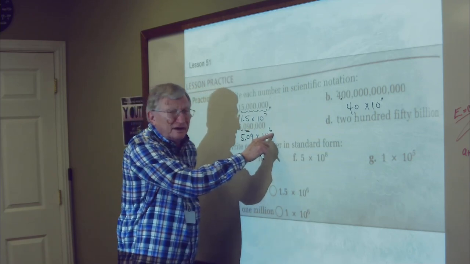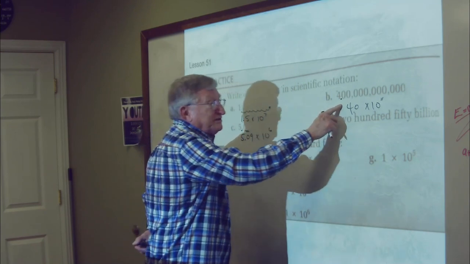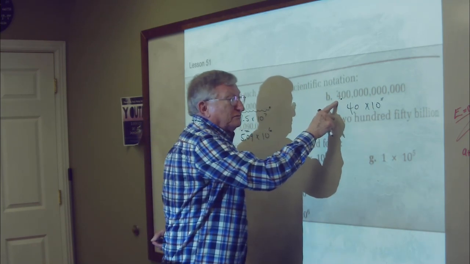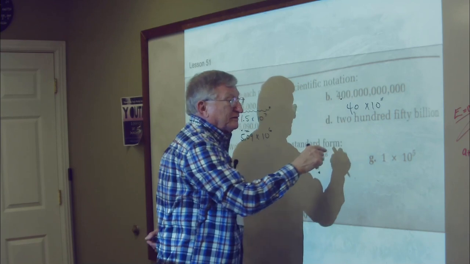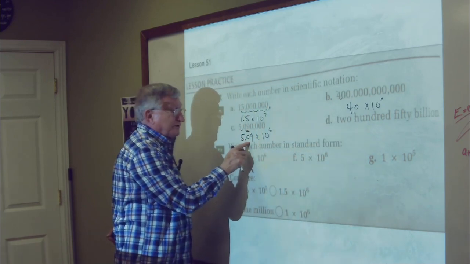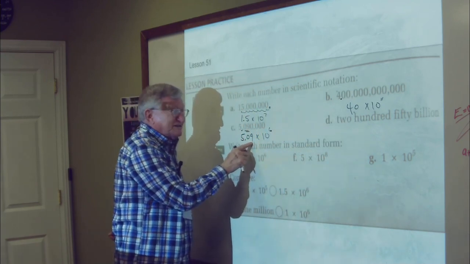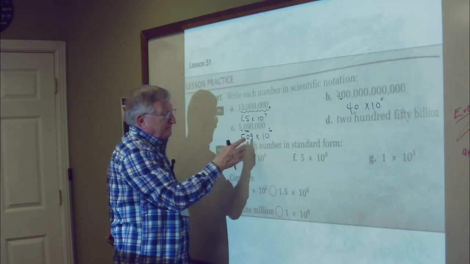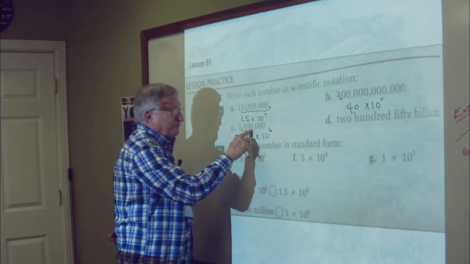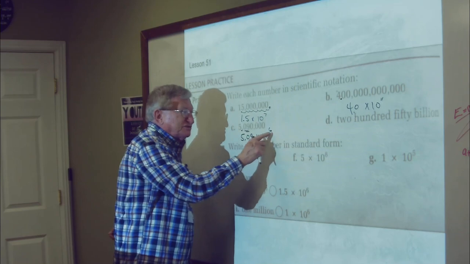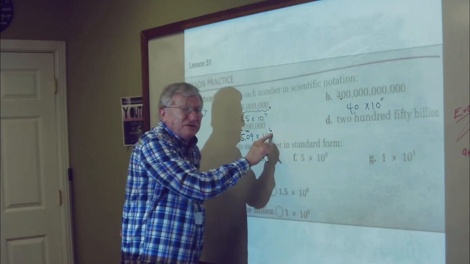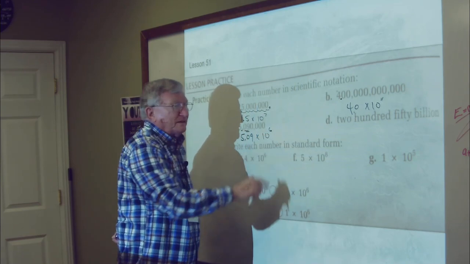This 6 does not tell you how many zeros there are. In this case, it did because everything was 0 except the 4. 3, 6, 9, 10, 11. But if there are other digits in here, other numbers besides zeros, like this 9, that means there won't be that many zeros. There are only 4 zeros. It moves it 6 places. This doesn't tell you how many zeros every time, but it tells you how many places you move it.